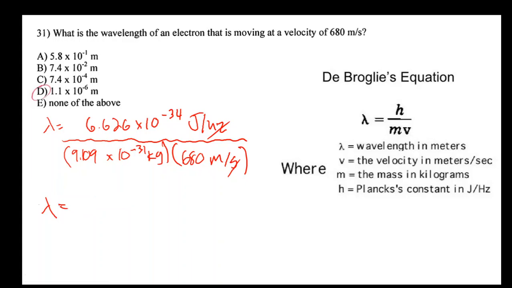That's going to be your answer, I'm pretty sure. Times 10 to the negative 6 meters, which kind of makes sense because an electron that's moving that slow is going to have a very small wavelength. That's right. Okay, moving on to the next question.